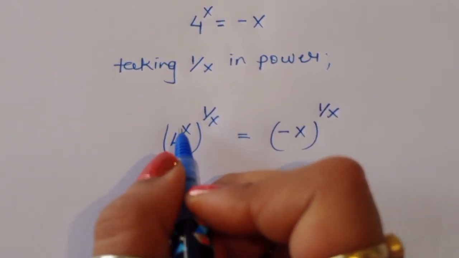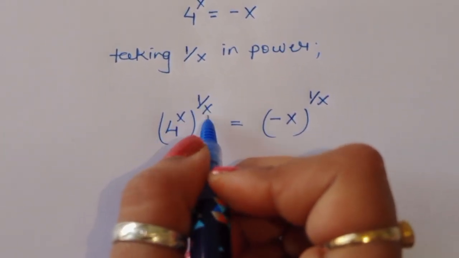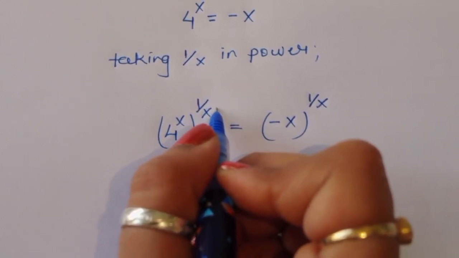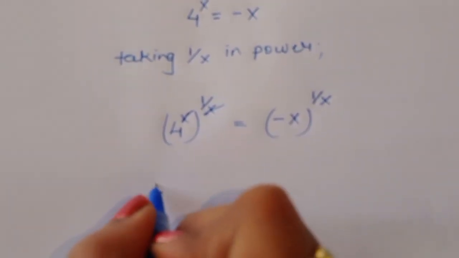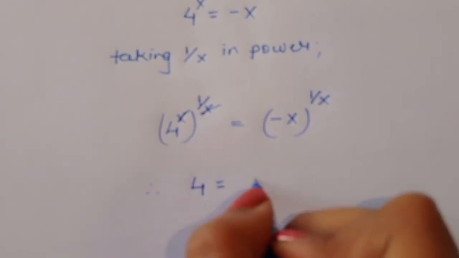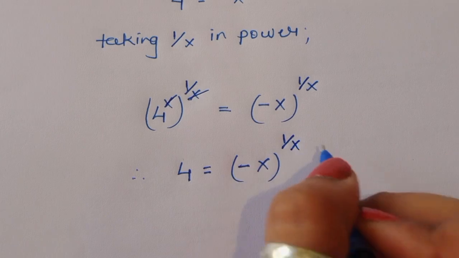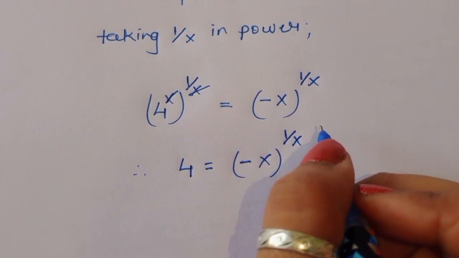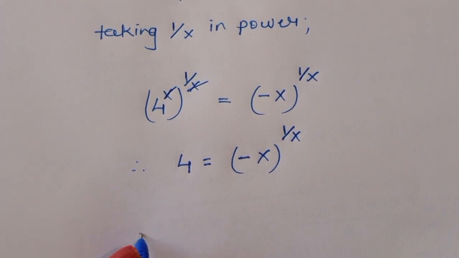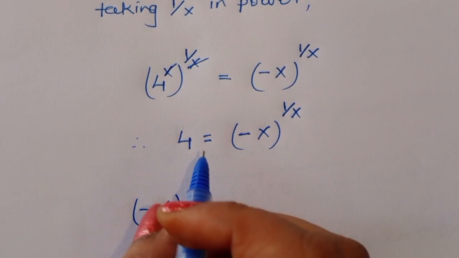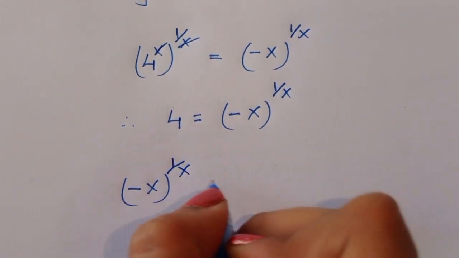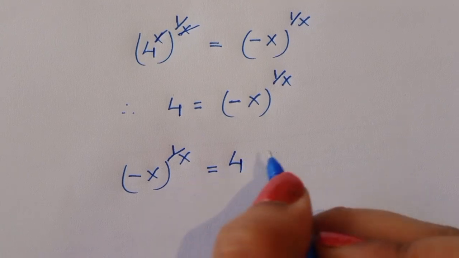Now 4 power x times 1 upon x, so this will cancel here. Therefore 4 is equal to minus x power 1 upon x. Now we can write minus x power 1 upon x is equal to 4.